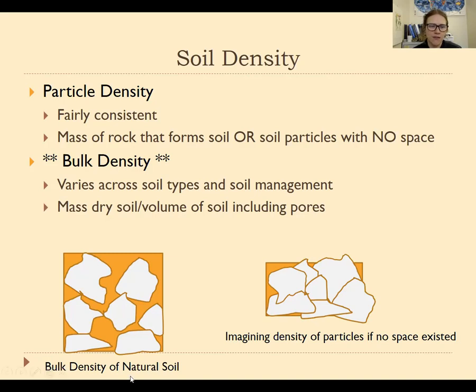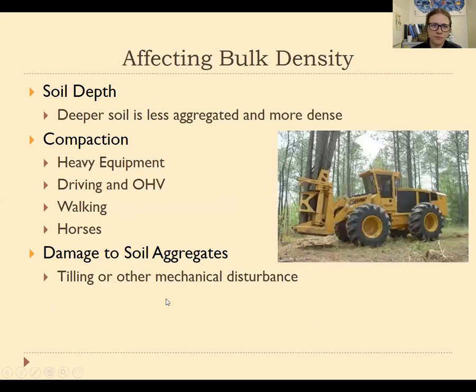So here's soil in its natural form, as opposed to what the particles themselves would weigh based on how much space they would take up. It's how much that same amount of stuff weighs compared to how much space it actually takes up in its soil environment. So the particle density is always going to be more dense compared to this.